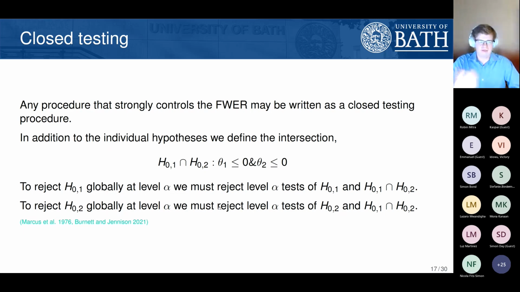So if we have H01 and H02 as our 2 null hypotheses, if we want to reject H01 globally at level alpha, we must also reject level alpha tests of H01 as a local test and also of the intersection H01, H02. And this can be extended. So if you have more hypotheses, you essentially look at all possible intersections of hypotheses to ensure you're testing.